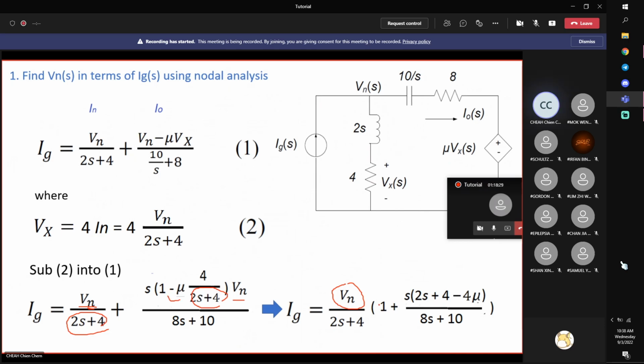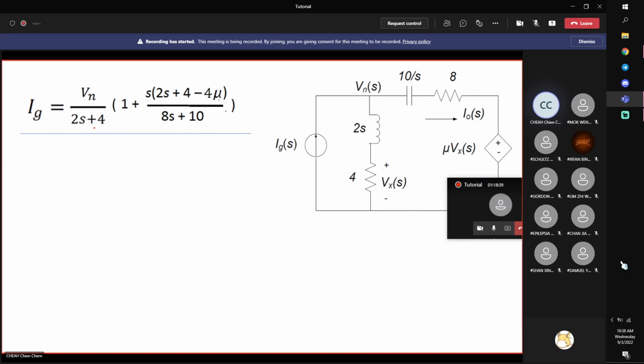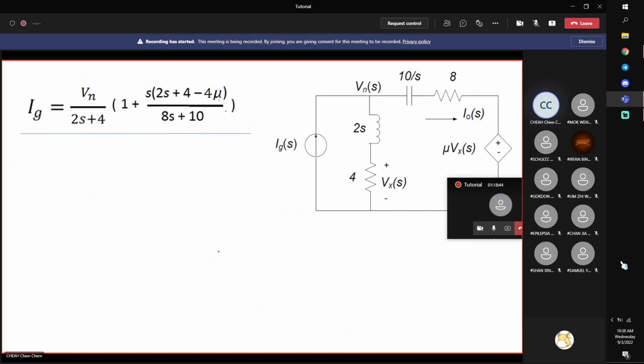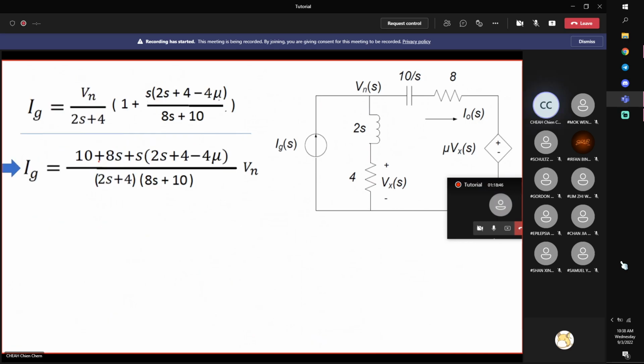This will introduce these additional terms over here, and after that, we will invert this relationship. I'll just reproduce these terms over here, and then invert this relationship.